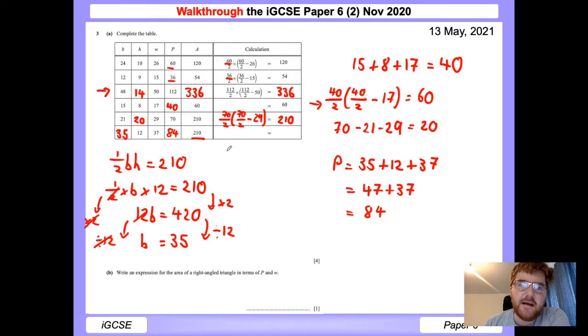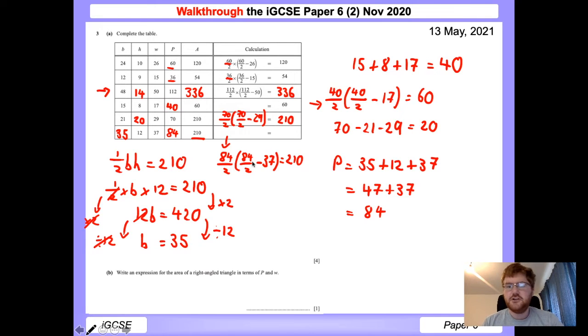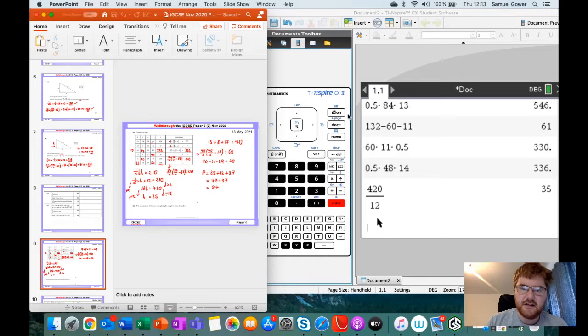And then we're going to use the same pattern that we saw before. So we've got 84 divided by 2, open brackets, 84 divided by 2 minus W, which is 37. And that's going to equal the same number as the area, which is 210. And again, I'm going to show you this on the calculator. I'm actually going to check this.